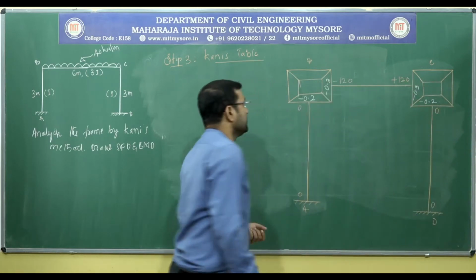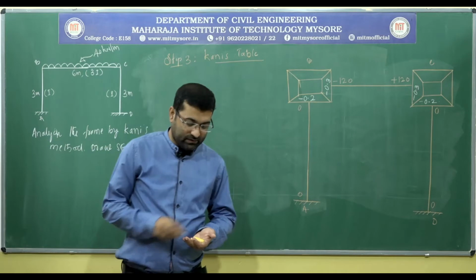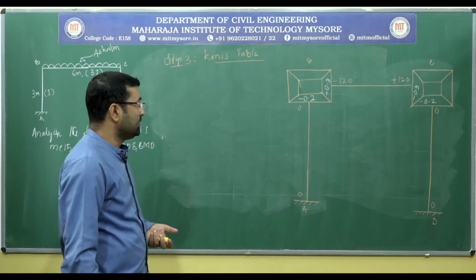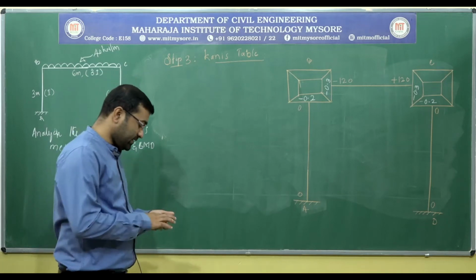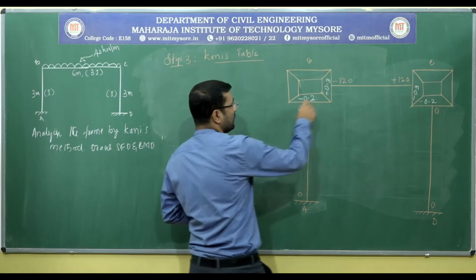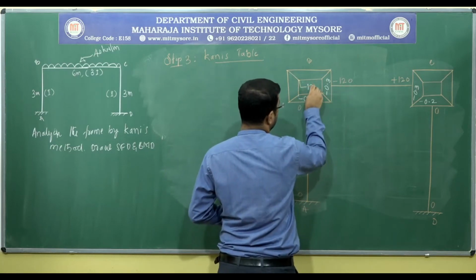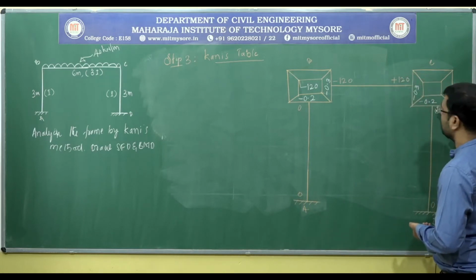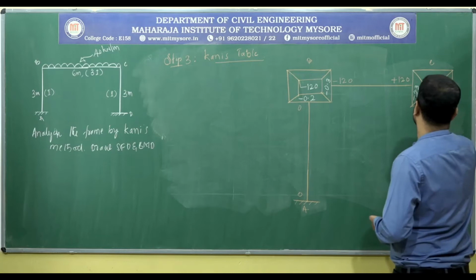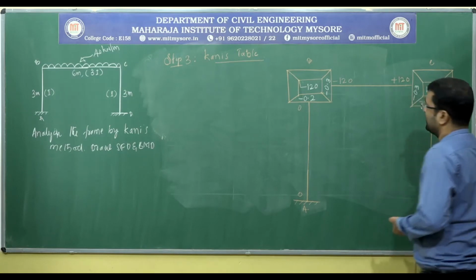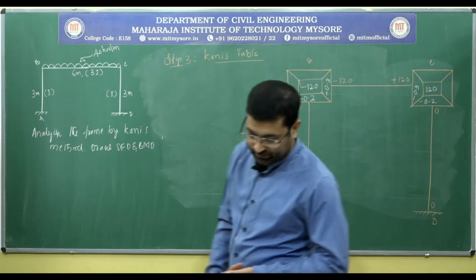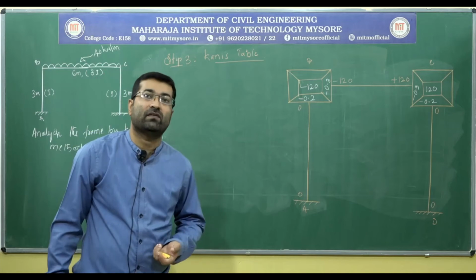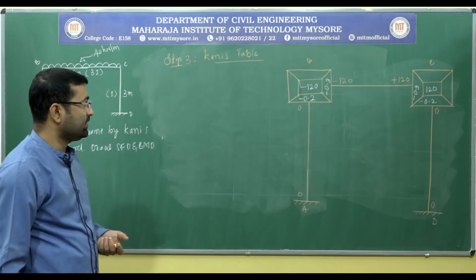Now the algebraic sum of fixed end moments at joint B is 0 minus 120, so this is minus 120, and at joint C it is 120 plus 0, so this is plus 120. These are the summations of fixed end moments.